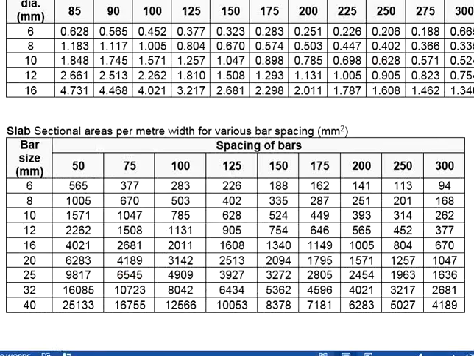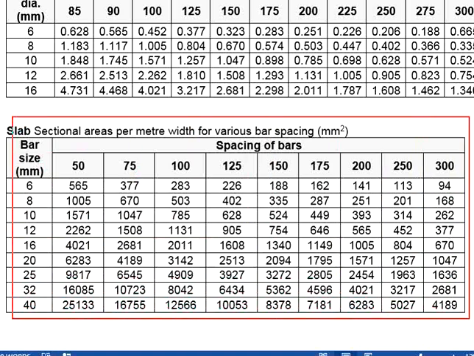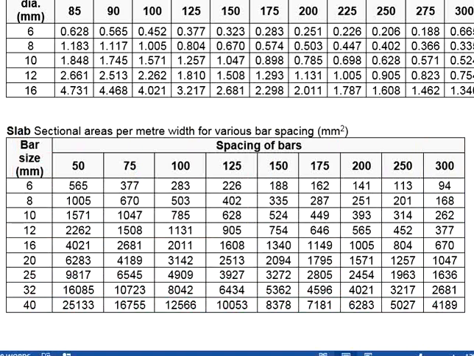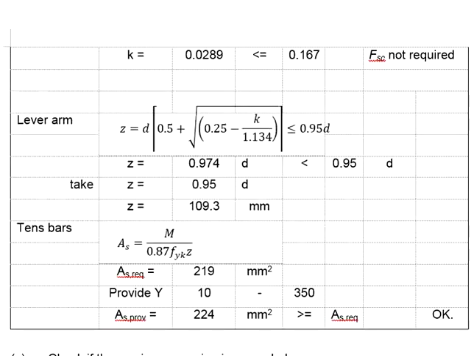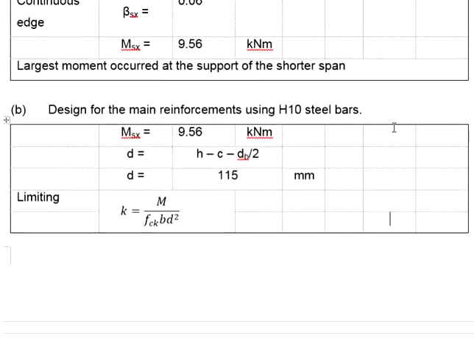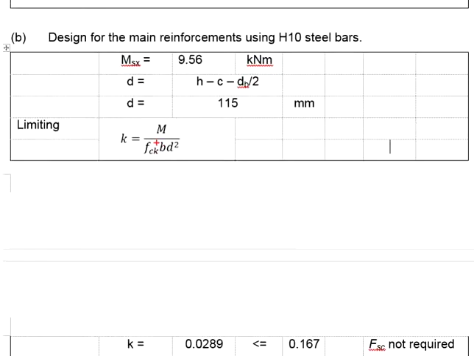Now in the case that this table is not provided, you can still calculate it yourself. Now the question here is, how do you calculate it? First, you need to know the slab is designed on the basis of 1 meter width.